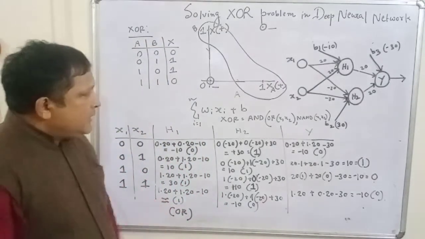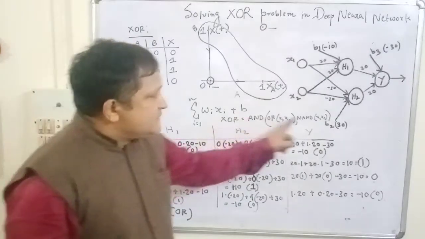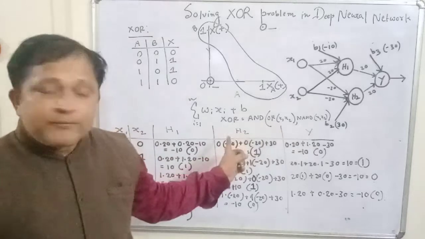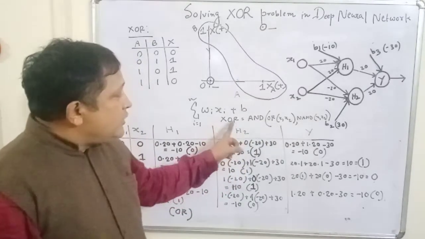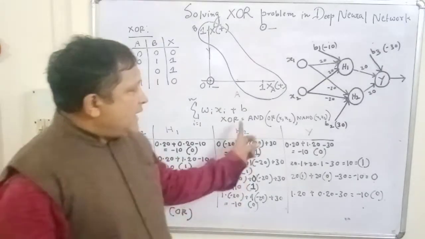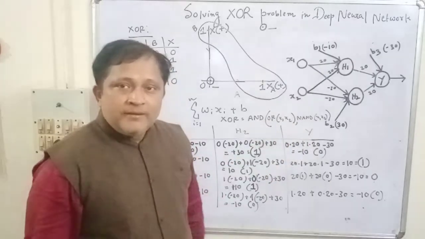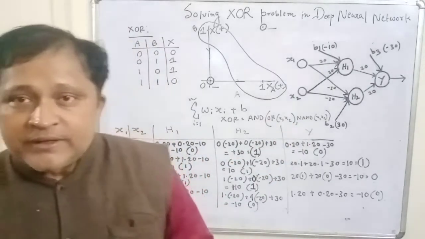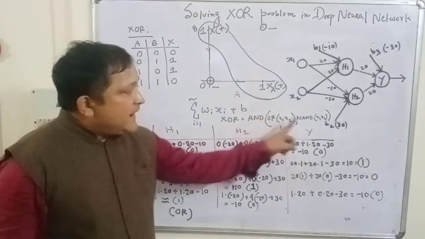Now, as a matter of fact, and you can test it with the help of a truth table and other processes of Boolean algebra, XOR can be represented as an AND function of OR and NAND functions. XOR can be represented as the AND function of these two functions, OR and NAND.